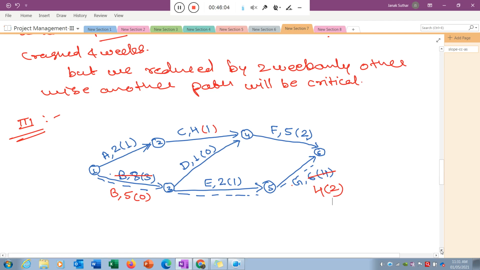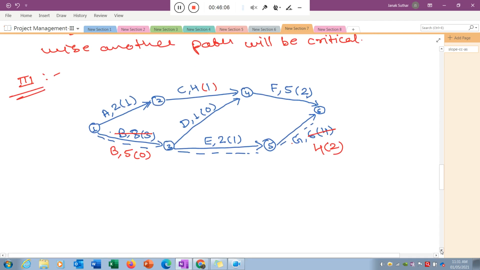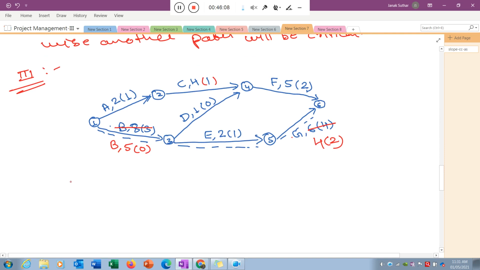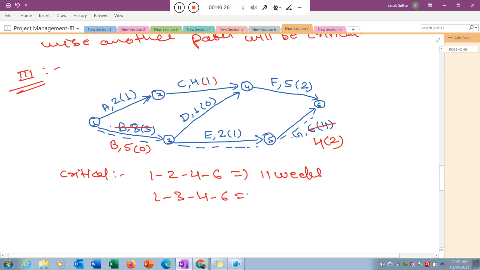Okay, I reduce that particular activity. Now I quickly do all the things. Now for the critical path, you can identify that all the paths are critical. Path 1 2 4 6 is 11 weeks. Path 1 3 4 6, if you add, 5 plus 1 plus 5 is equal to 11 weeks.